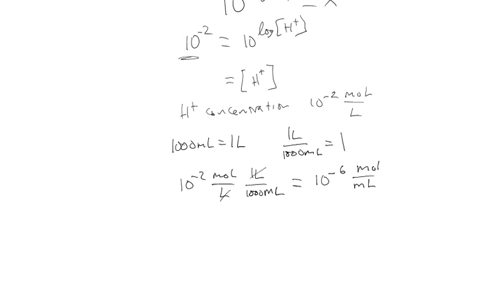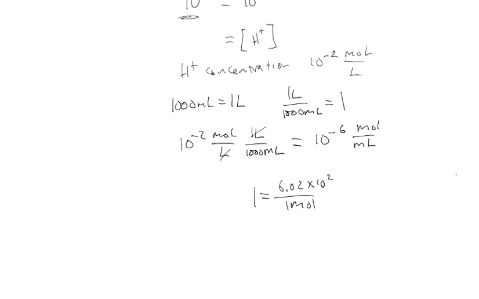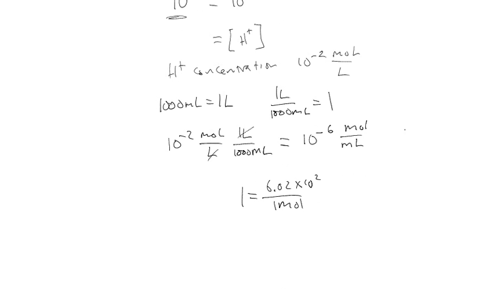Now we can do the same thing again to figure out the number of H plus ions per milliliter. We can multiply by 1 of the form 6.02 times 10 to the 23rd over 1 mole. Top and bottom are the same, so we can multiply this by that. Cancel out the moles, and this is H pluses.